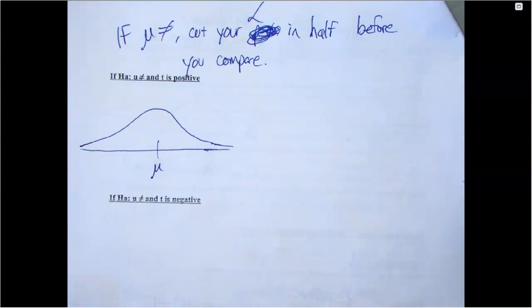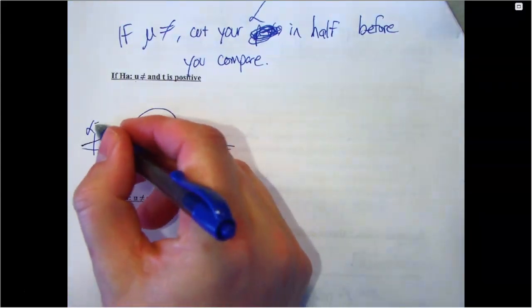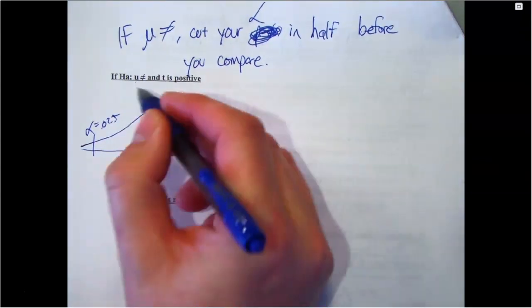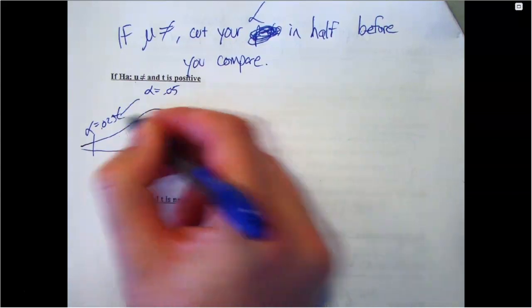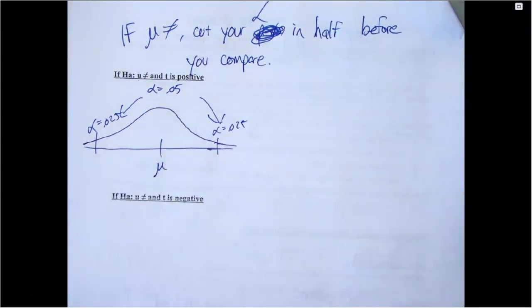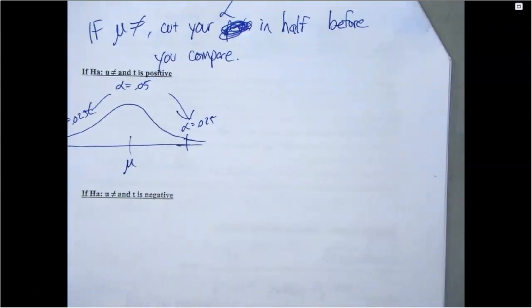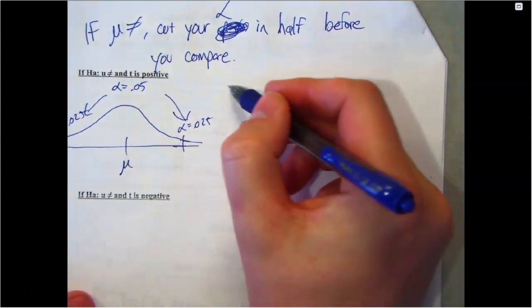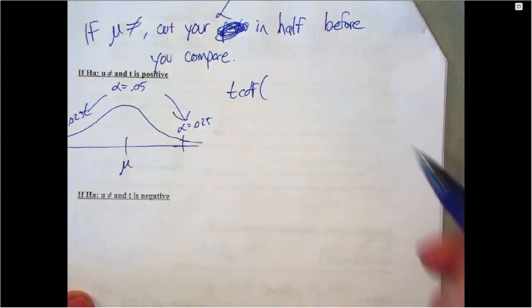So whatever alpha is, let's say alpha was 0.05, it gets split, and you put half of it over here and half of it over here. You get that whole 0.05, but you have to put it on each side. So if it's too far away either way, you would reject their claim. It's the same idea, but we just have to cut alpha in half. So you would say tCDF.